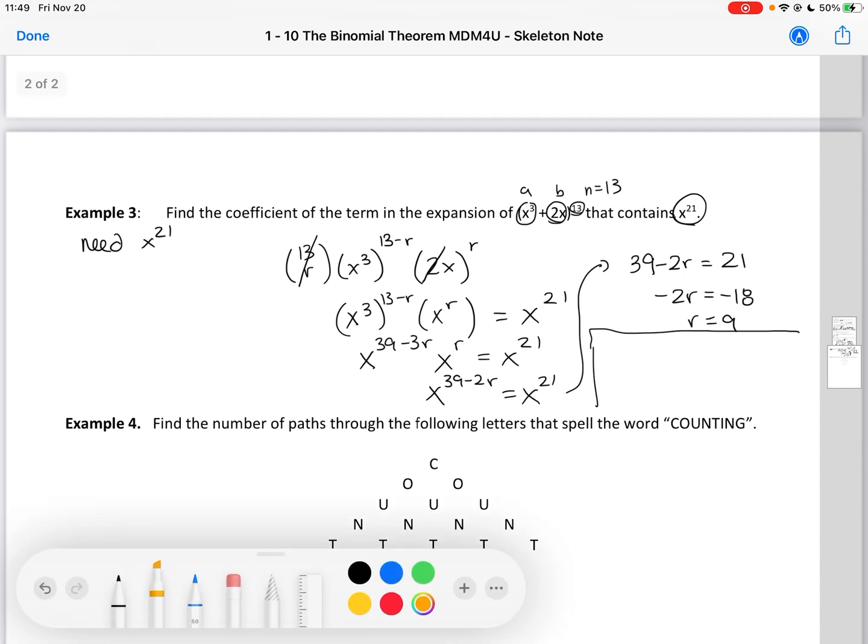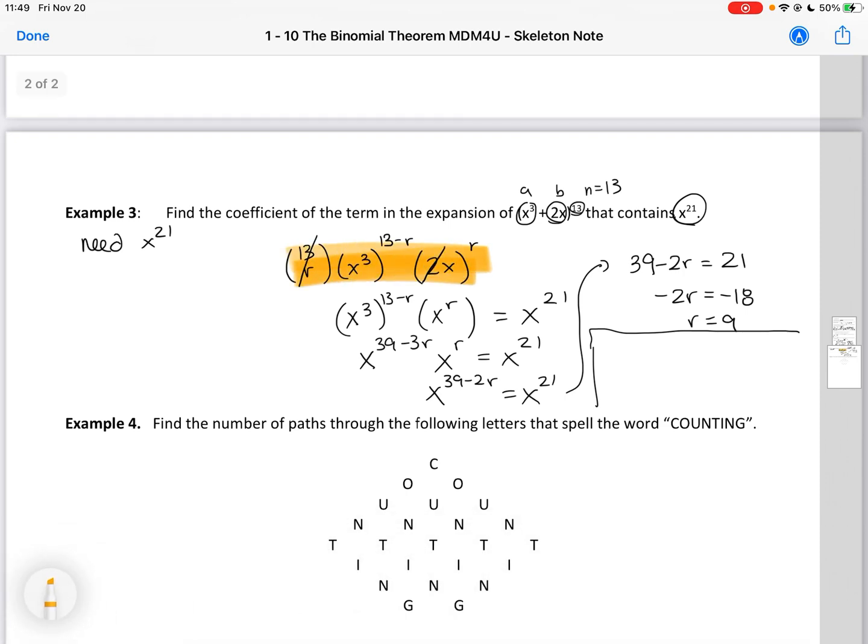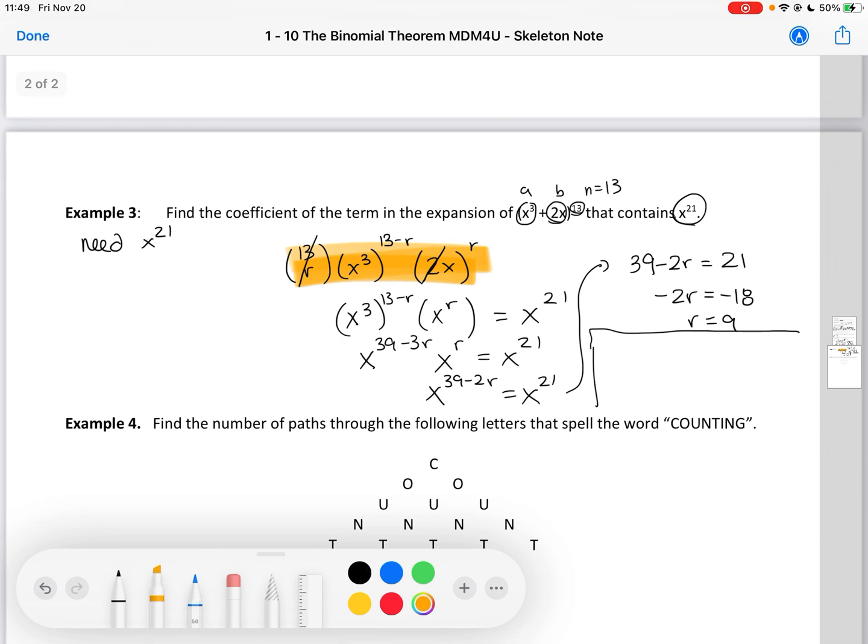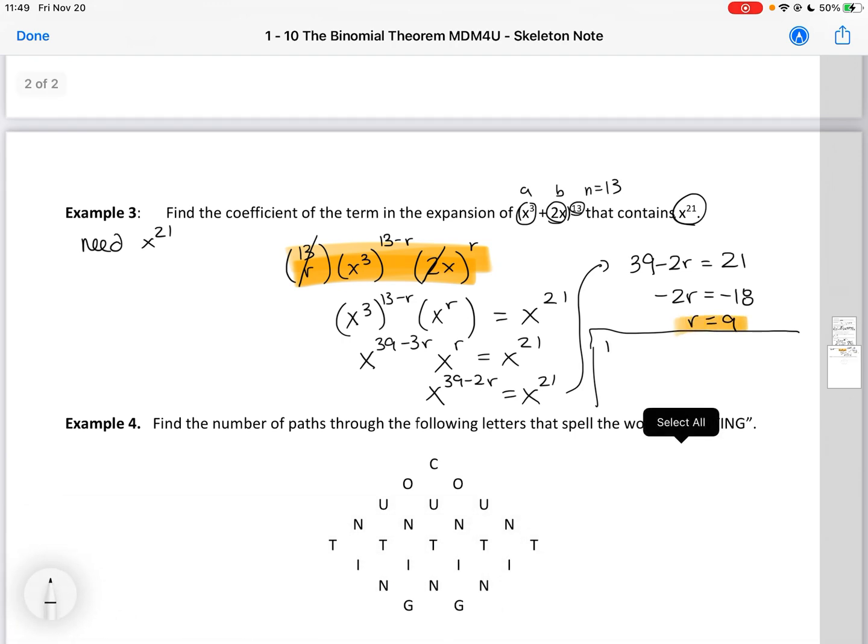So then I can go back to my original expression, which is right here, and I'm going to evaluate that, but I'm going to use the value of r that I found. So what I have is 13 choose 9, x cubed to the 13 minus 9, and then I've got 2x to the exponent 9.